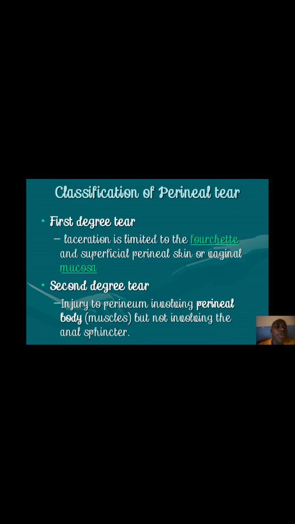And the anal sphincter is the ring at the anus which is voluntarily controlled. Kwa hiyo ni second degree tear ambayo inaweza kumdispose mama katika severe bleeding.